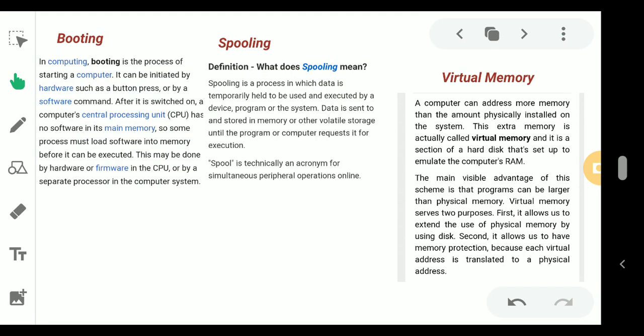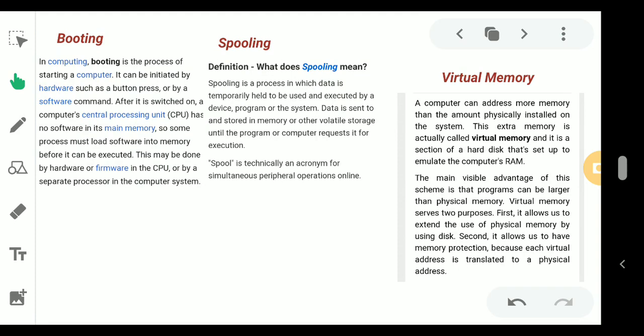Just remember that warm booting is performed by pressing the Control Alt Delete keys, because many times in MCQs they will ask what the shortcut key for warm booting is, or give you key combinations and ask which one is used for warm booting.